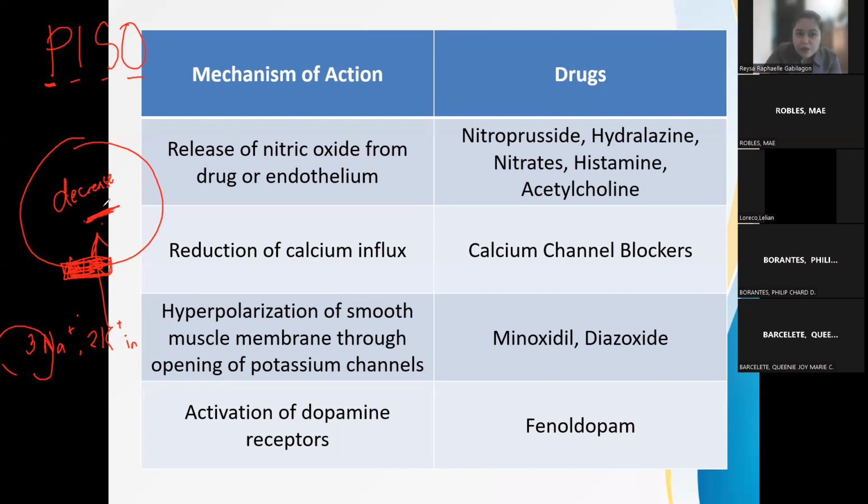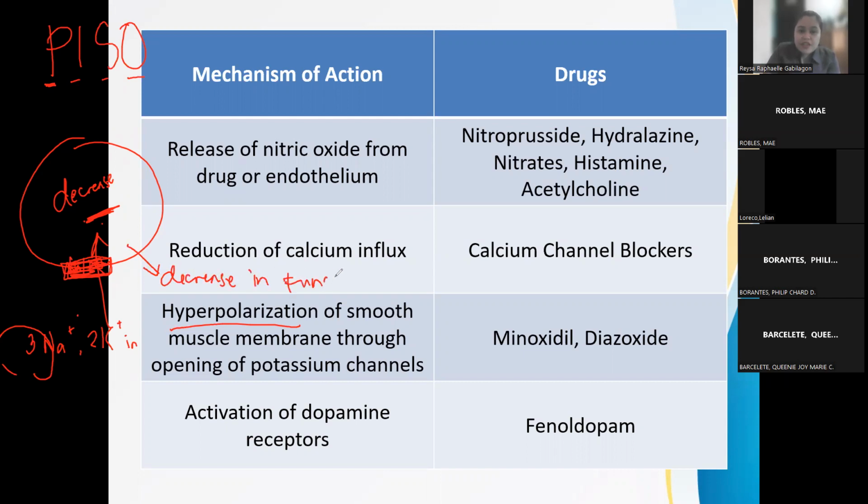Magma-minus yung charge inside the cell. So, remember pag sinabi kong naging more negative itong loob ng cell, ang tawag dyan, hyperpolarization. And that will lead to the decrease in its function.